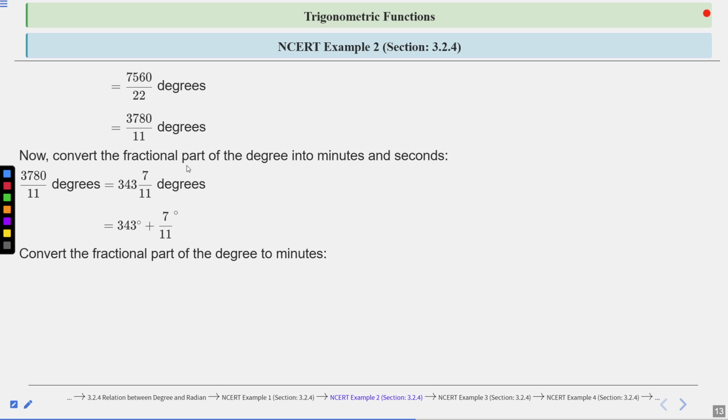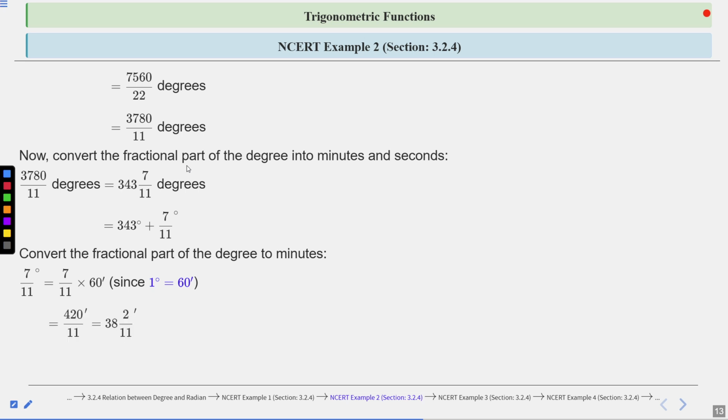You can also solve further if you want to break this 7 by 11 degree into minutes. So this 7 by 11 degree is simply 7 by 11 times 60 minutes. Why? Because 1 degree is 60 minutes.